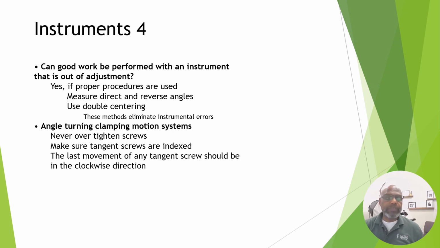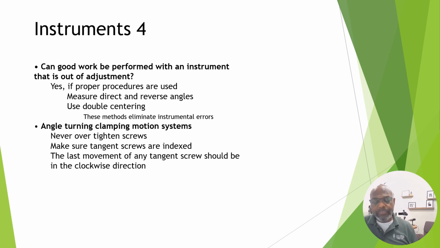Now, when you're focusing, that's another thing we must look at. Focus your equipment to know what you are setting for and looking through, making sure things are brought into focus, not only the object but the crosshairs too. They both must be seen clearly.